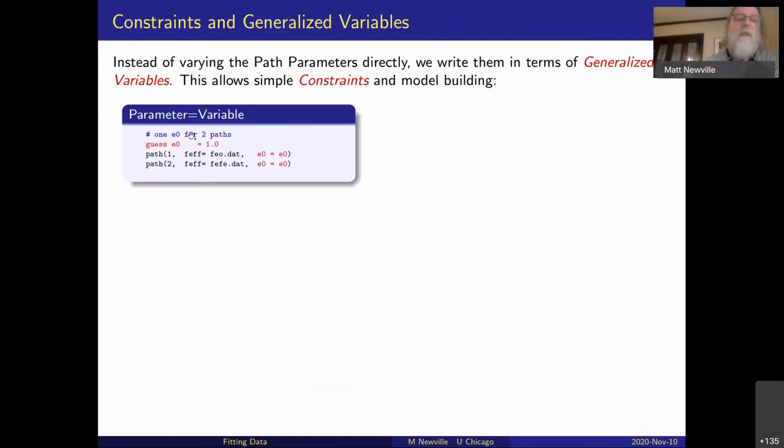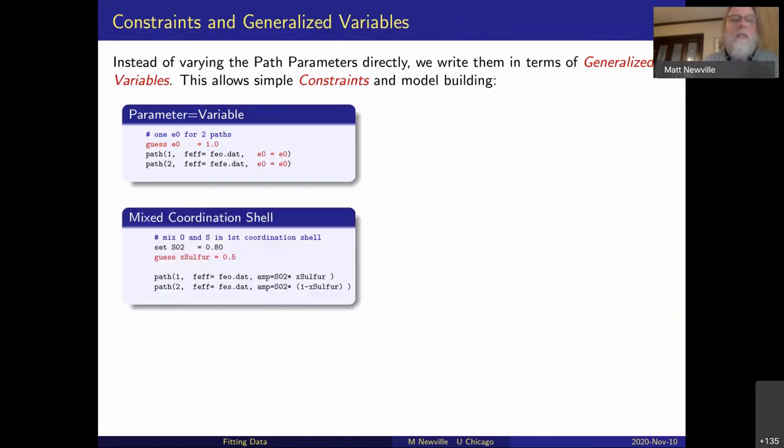So we can allow E0 to be a single variable and have the different paths use the same value. The syntax is a little different than this, but this is the older syntax. That parameter will vary in the fit, but each of them will be constrained to be the same value.